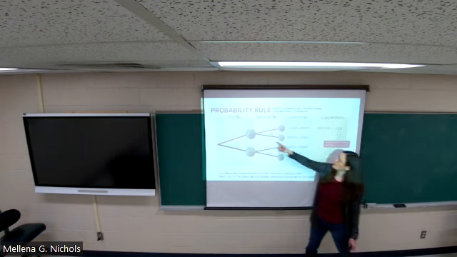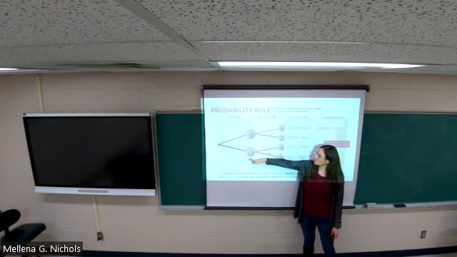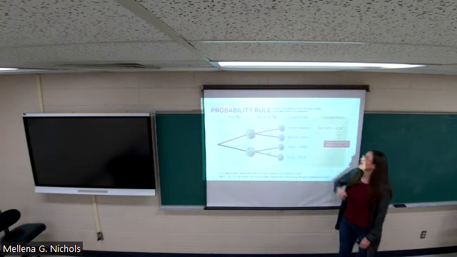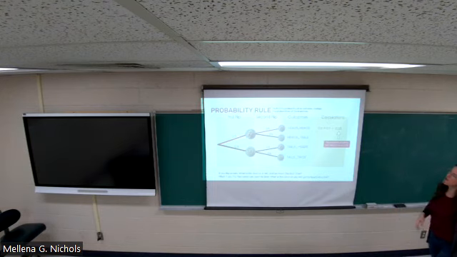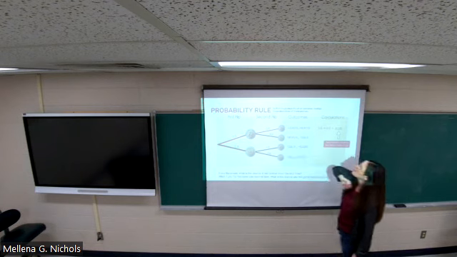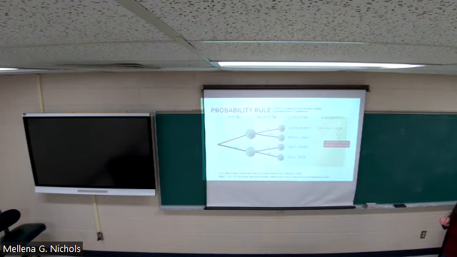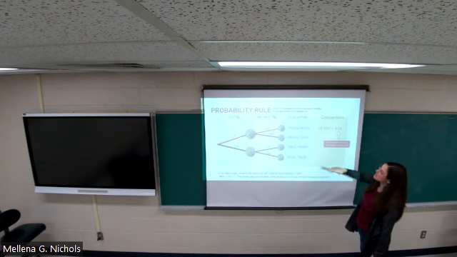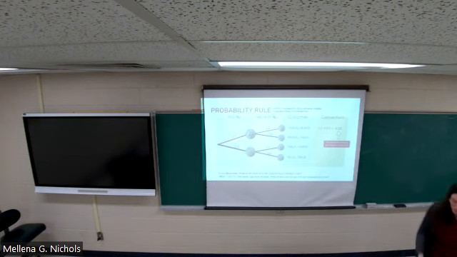If we're flipping it twice, we have that chance that it's going to be heads or tails here. And then for each of your second chances, it could be heads or tails. And so if we're looking at the possibility of outcomes, we're looking at those branches that are coming off of this, okay? So to find the probability of an outcome, we want to multiply the probabilities of its branches that are coming out of there.